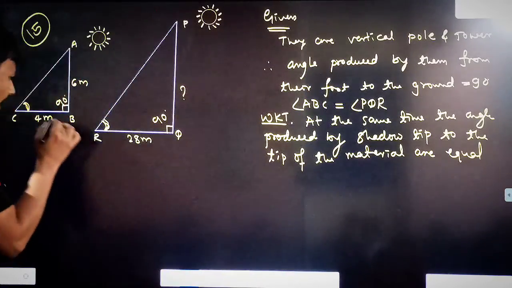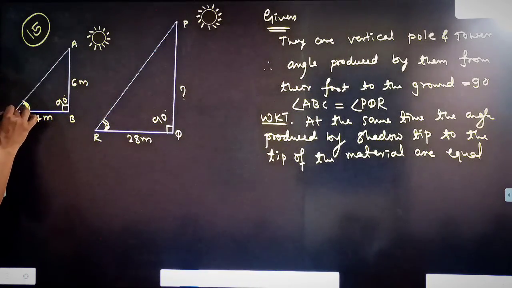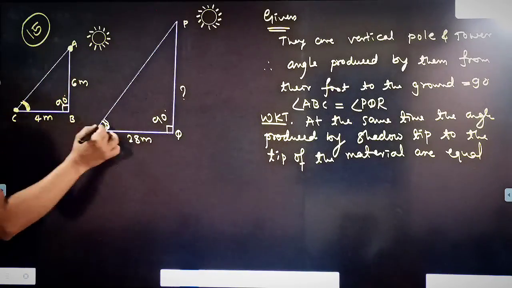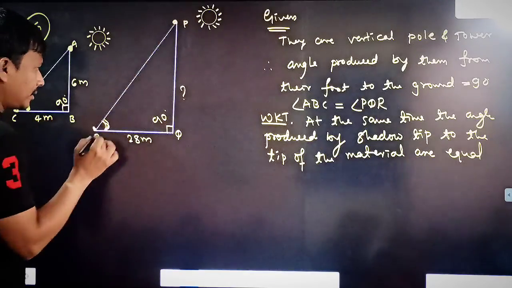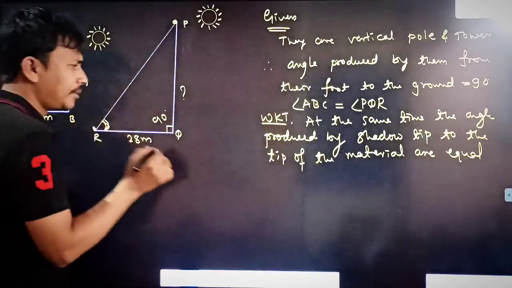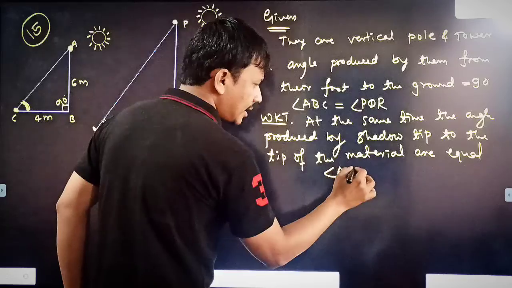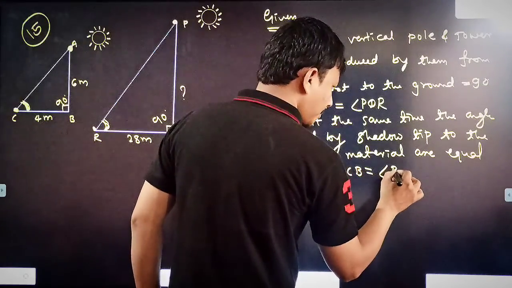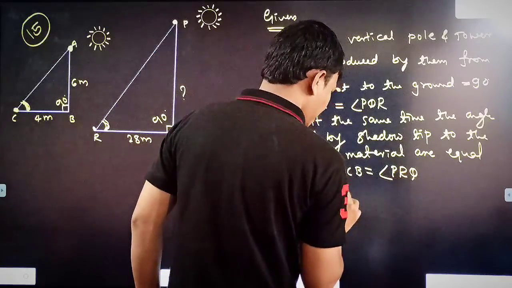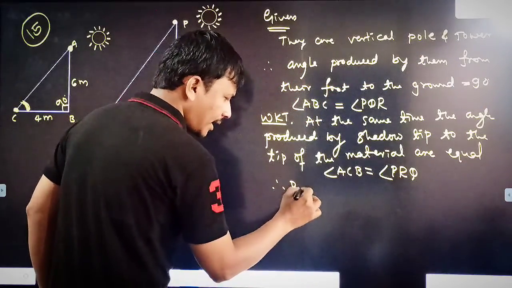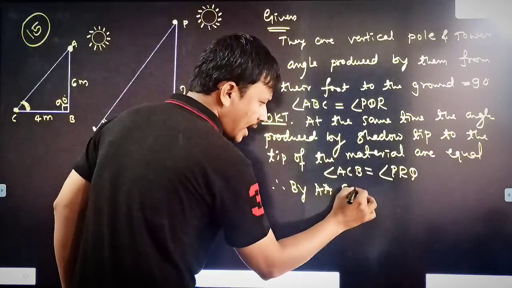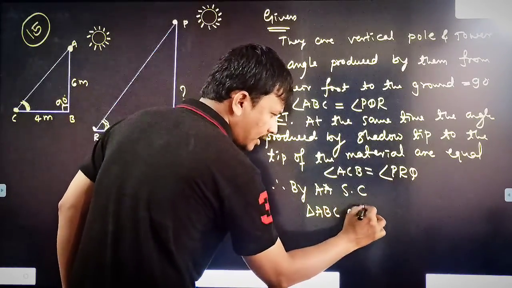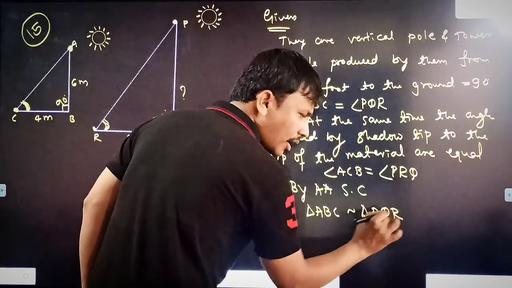Look here, the angle produced by the tip of the shadow to the tip of the substance are always equal. That means angle ACB is equal to angle PRQ. Therefore, by AA similarity criterion, triangle ABC is similar to triangle PQR.